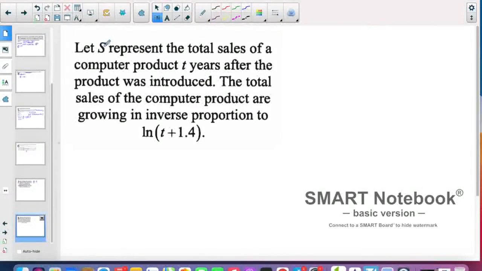So S is the total sales over time, and the rate of change would be the change in S with respect to time. The total sales are growing in inverse proportion to the natural log of t plus 1.4. So dS over dt is inversely proportional, giving us k over the natural log of t plus 1.4.